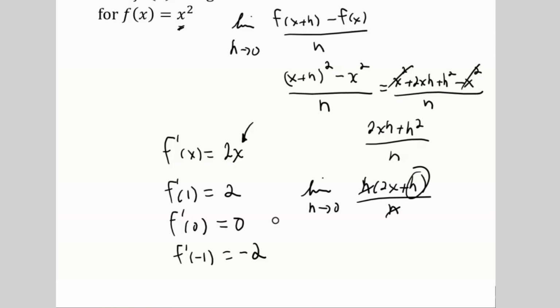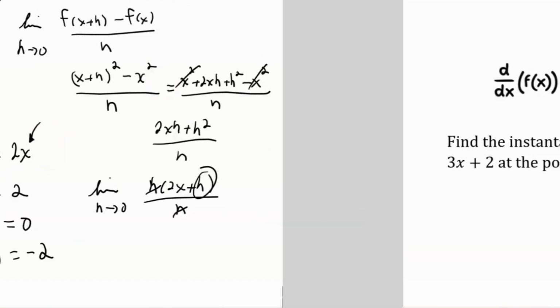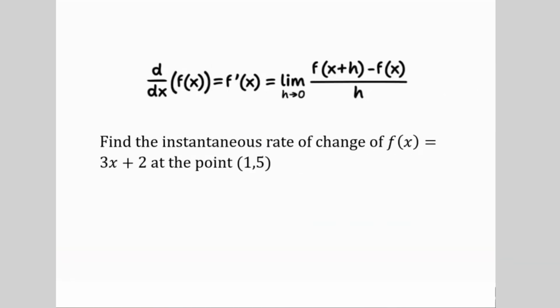So let's do a few more examples. All right, let's find the instantaneous rate of change of f of x equals 3x plus 2 at the point (1, 5). Well, instantaneous rate of change is just another name for the derivative, so we're really finding f prime at the point 1.